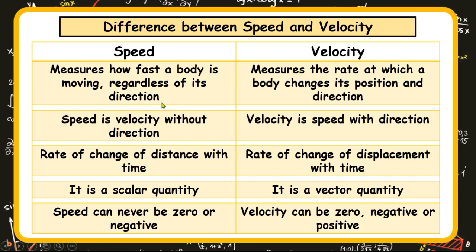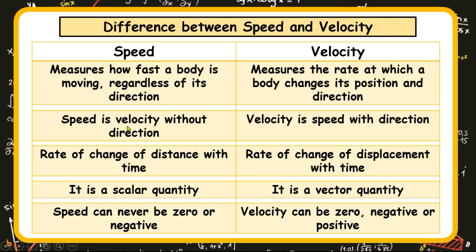So speed only looks at the fastness of the body, but it does not deal with direction. For velocity, it measures the rate at which a body changes its position and direction. So velocity looks at how fast the body is moving and in what direction.